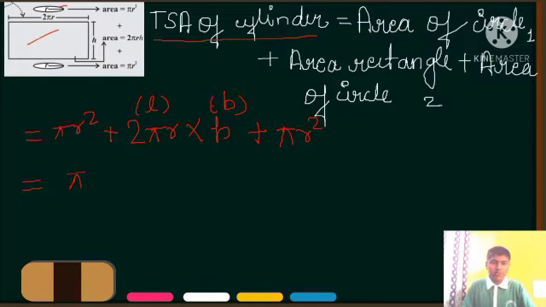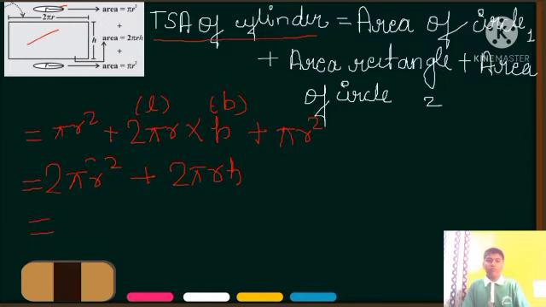Plus again pi r square will be the area of the bottom circle also. So pi r square plus pi r square becomes 2 pi r square, plus 2 pi r h. Here the common factor we can see is 2 pi r. So we take out 2 pi r from it, and here r remains, plus here only h remains. So we saw that this was our formula.